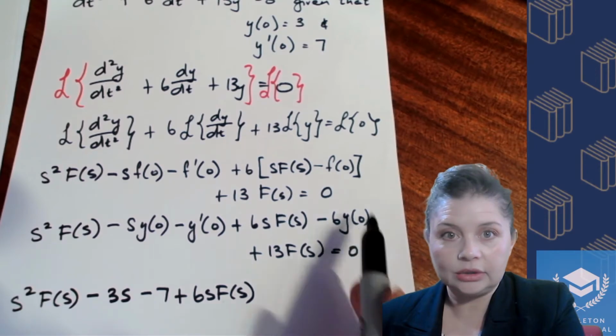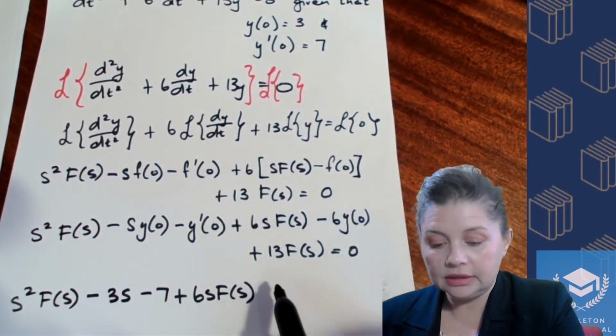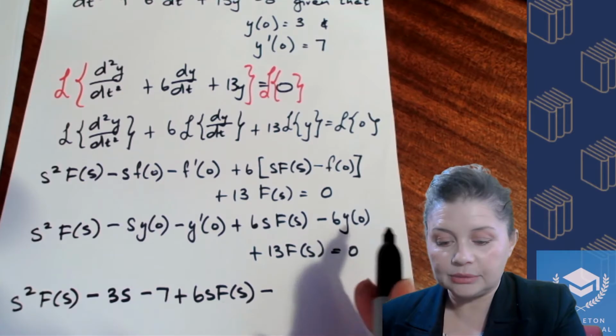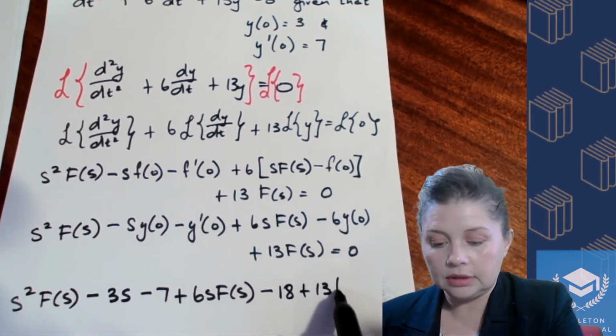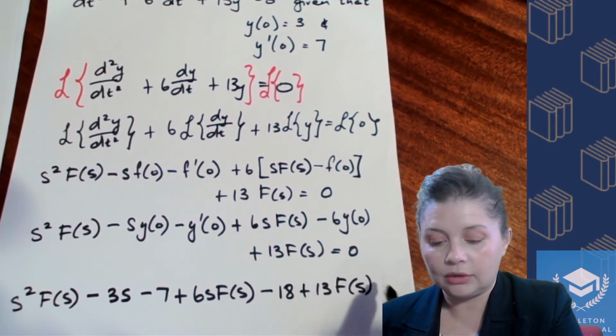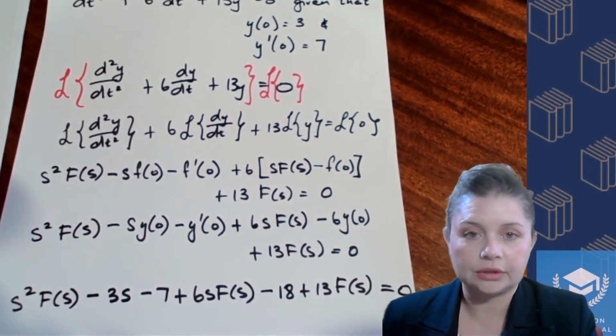Y at 0 is just going to be 3, so that is going to be 6 times 3, which is 18. Plus 13 F of s, and all of that is equal to 0.